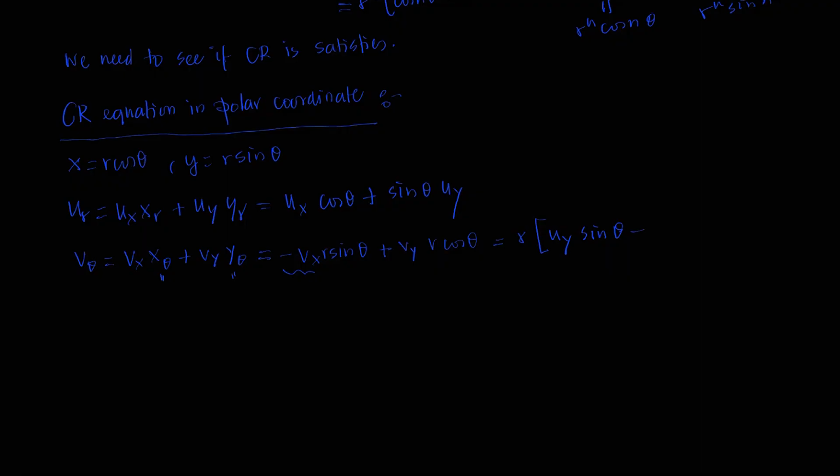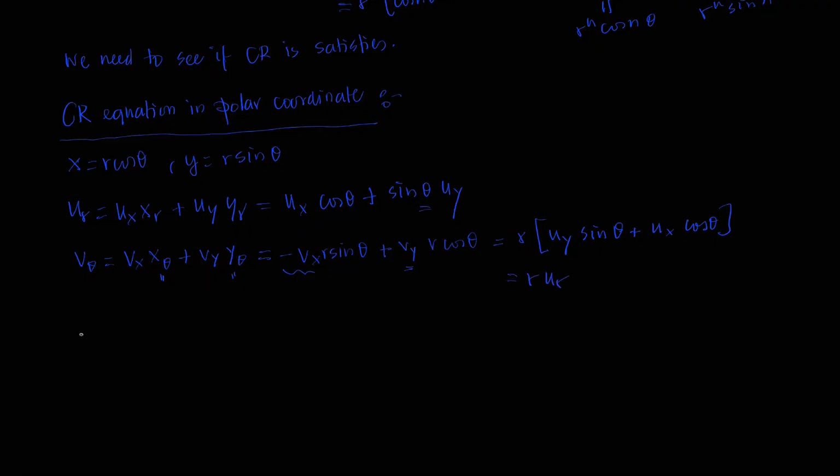And plus here, you see vy is ux, so plus ux times cosine theta, which is nothing but this one. So it is r times ur.